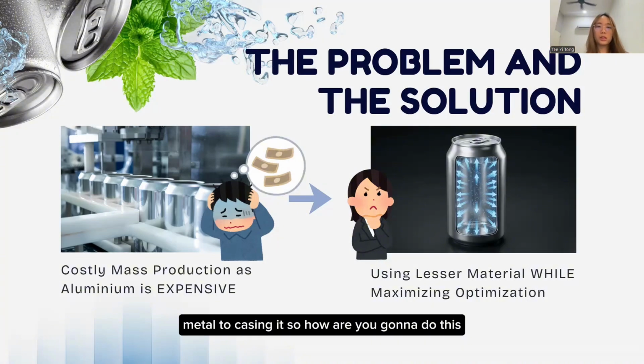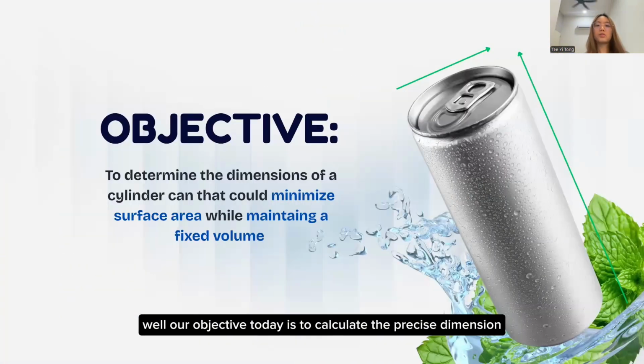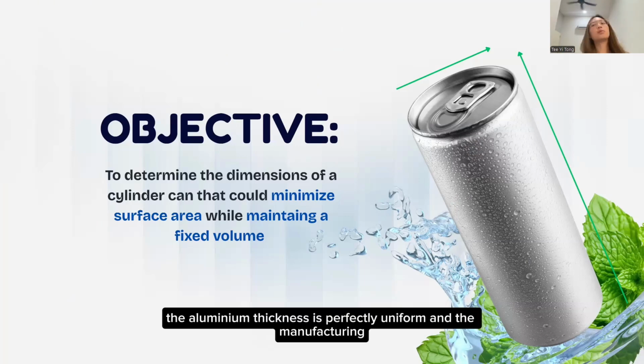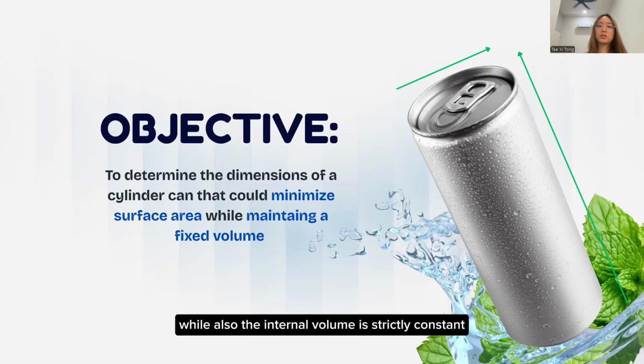So how are we gonna do this? Well, our objective today is to calculate the precise dimensions of a cylinder to minimize its total surface area while keeping the internal volume fixed. To make this work, we're using four key assumptions: the can is a perfect cylinder, the aluminium thickness is perfectly uniform, manufacturing defects are ignored, and the internal volume is strictly constant.